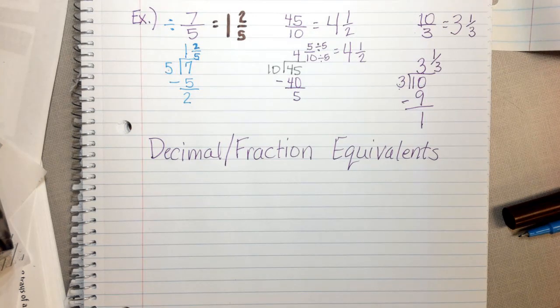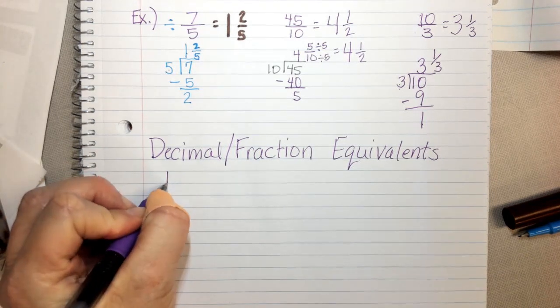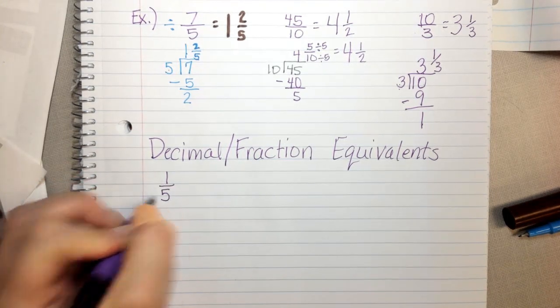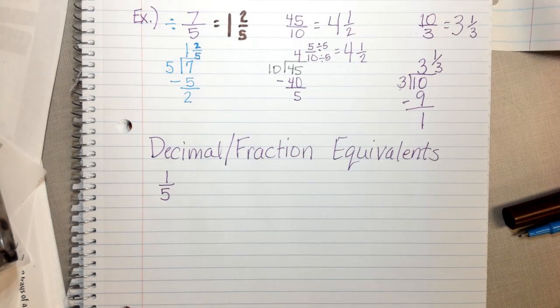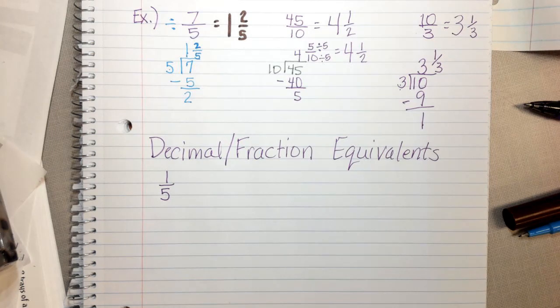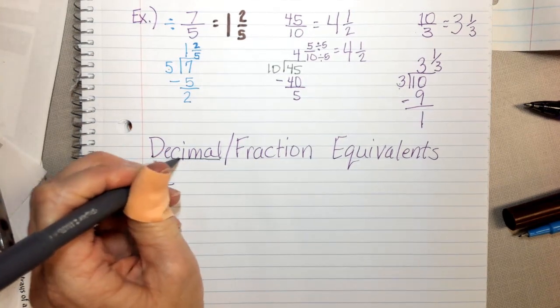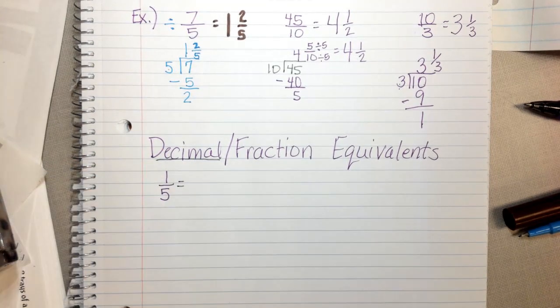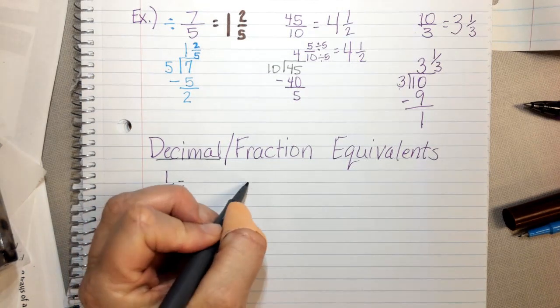So I'm going to help you with the first one, and then I want to see what you can come up with on your own. The first one that we're going to write is 1/5. If I wanted to find the decimal equivalent to that, then I first have to think about place value.